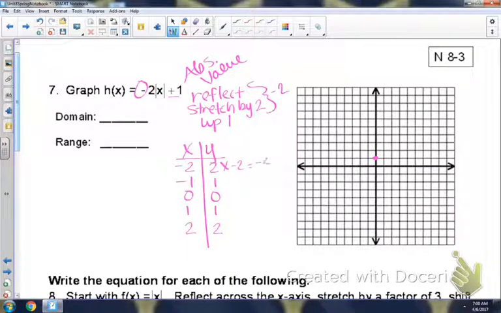So that's -4. The 0, 0 doesn't change. Okay, so I'm acting like my 0, 0 point that I shifted is now my new origin. So I'm going left 2, down 4. Left 1, down 2.